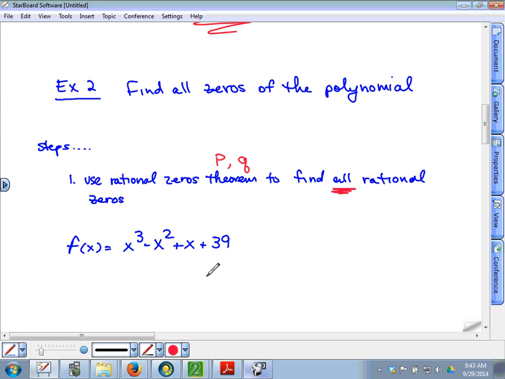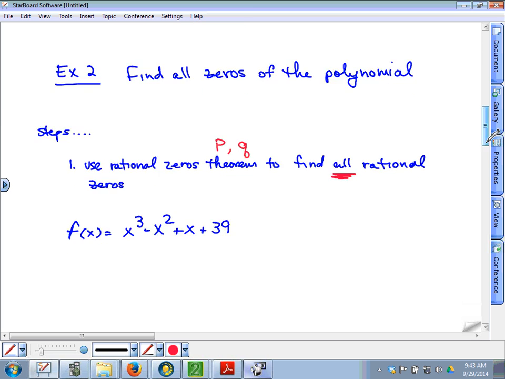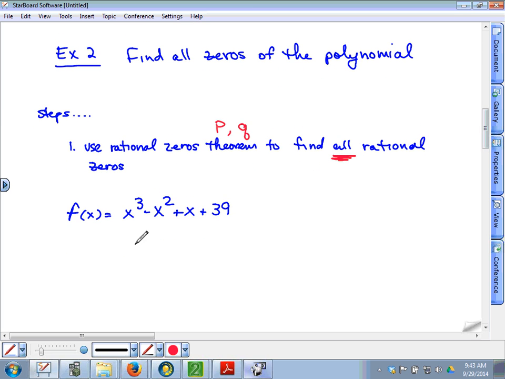So, what are the factors of P? Plus minus 1. Ooh, 39. This is kind of a weird number. 3 goes into it. Plus or minus 13 and plus or minus 39.